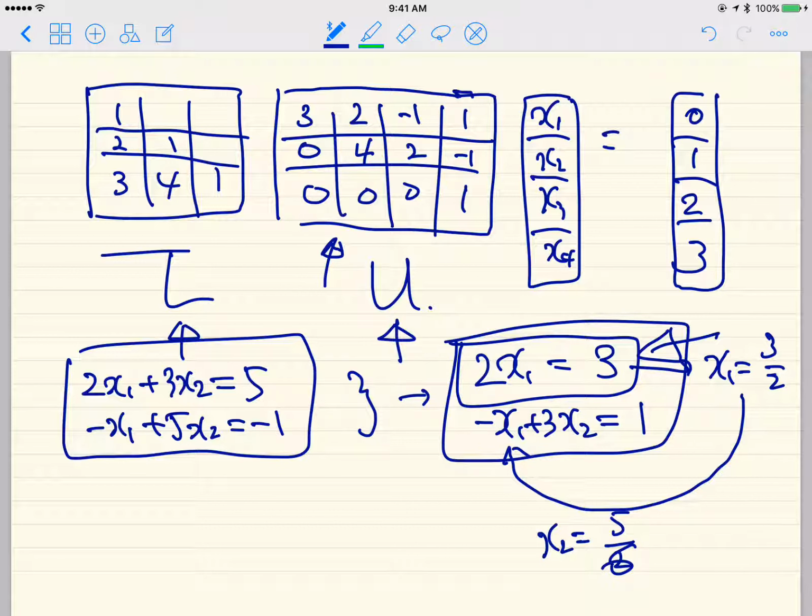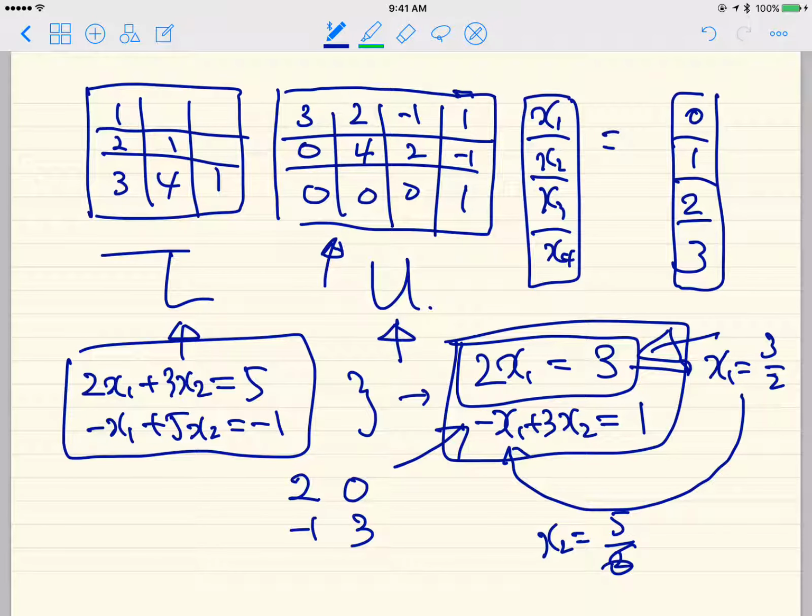We just substitute the solution for the previous variable into the equations that have more and more variables. If you think about the augmented matrix or coefficient matrix, it is a lower triangular form: 2, 0, minus 1, 3.